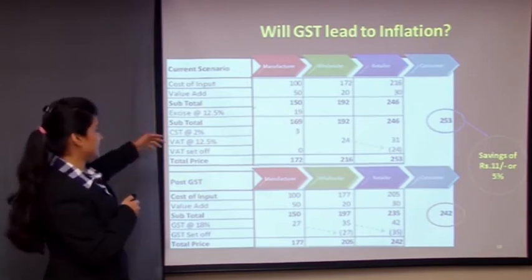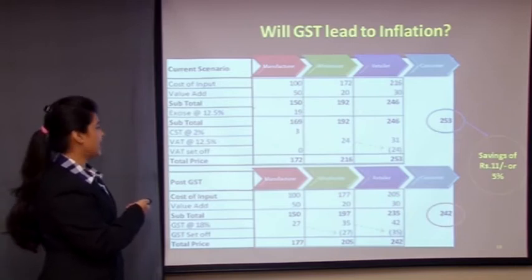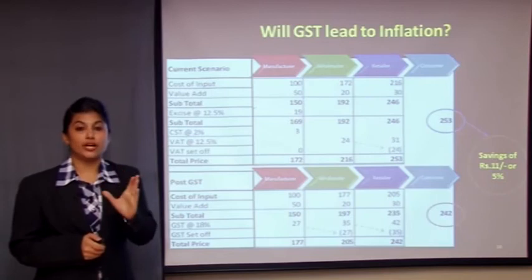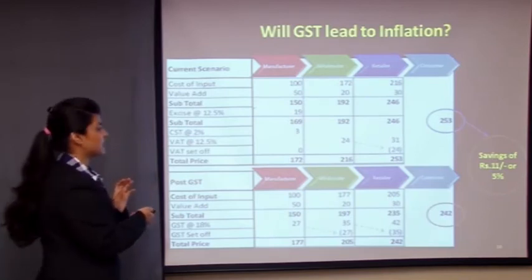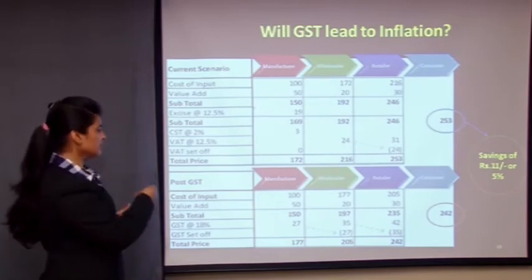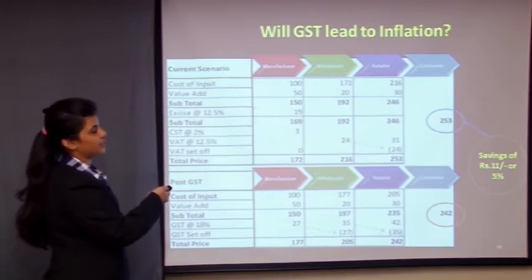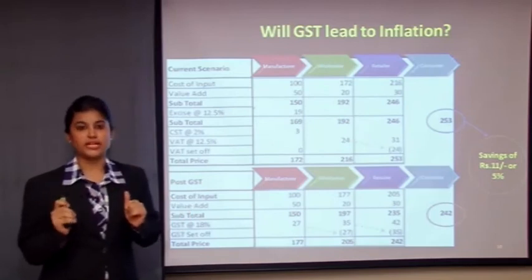So double taxation, tax on tax, has to be paid. 3 rupees is added. Now the total value of the product which was manufactured at 100 rupees became 172 rupees. When the producer sells the goods to the wholesaler at 172 rupees, similarly the wholesaler will also add its profit to it.